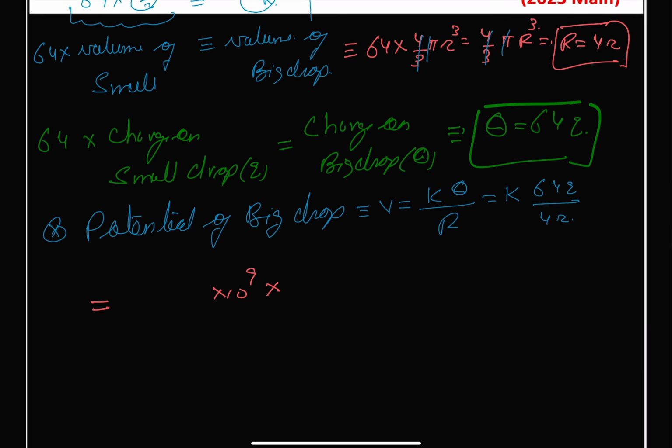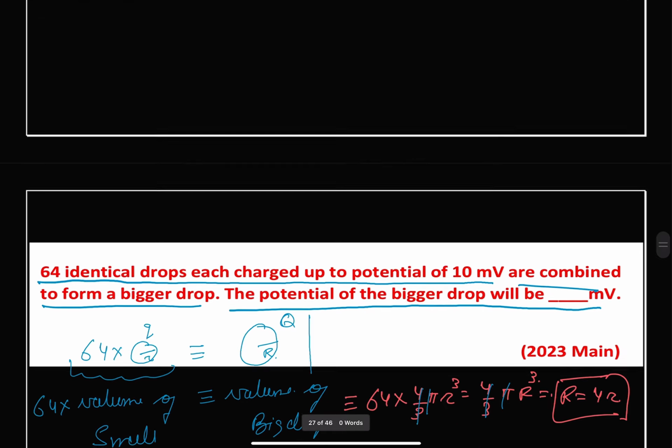So let me write it. The potential on the big drop is capital V, and this comes as 16 multiplied by Kq upon r, and this particular term is the potential on the smaller drop, which is given to us as 10 millivolt.